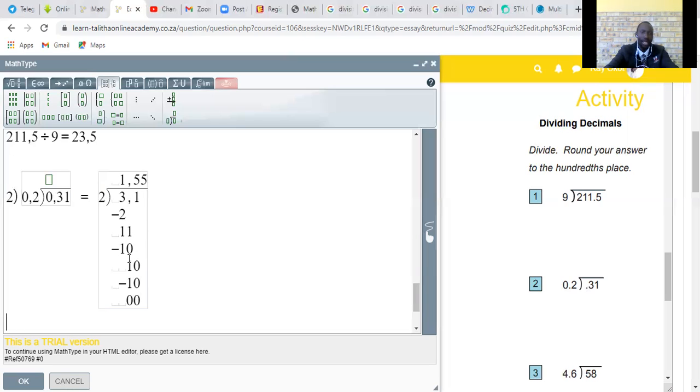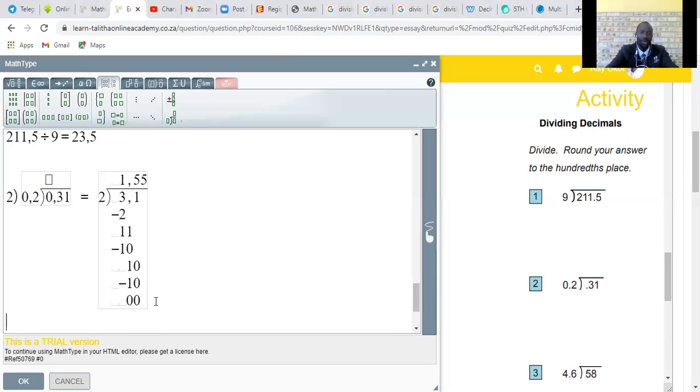We add a 0 here, so that we check how many times 2 will enter into 10. 2 will enter into 10 5 times. So that 5 times 2 is 10. We subtract and we get 0.